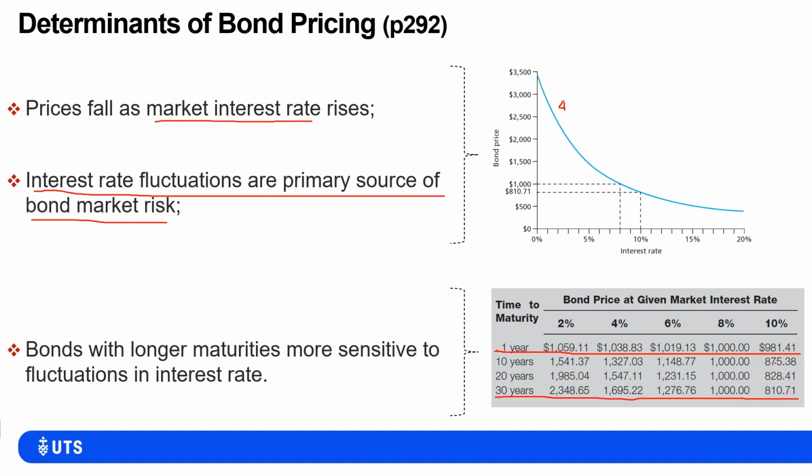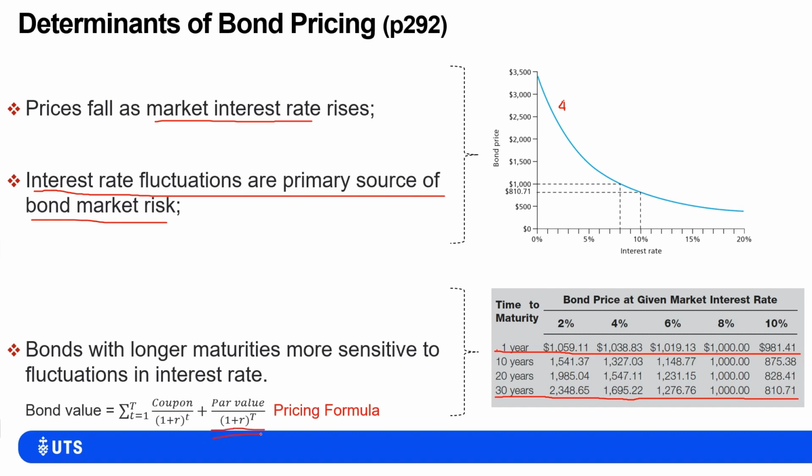We can further expand this observation by looking at the bond pricing formula we discussed previously. Longer maturity means that in this pricing formula we have a higher uppercase T and also a higher lowercase t. Let's focus on the second term, the discounted principal payment term.